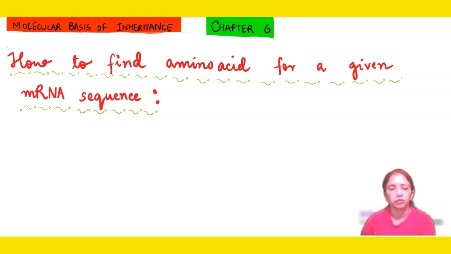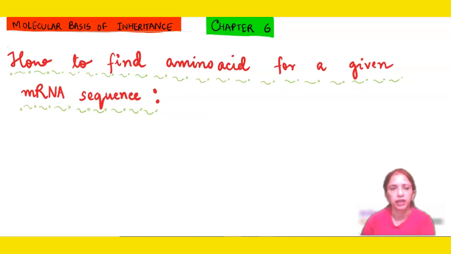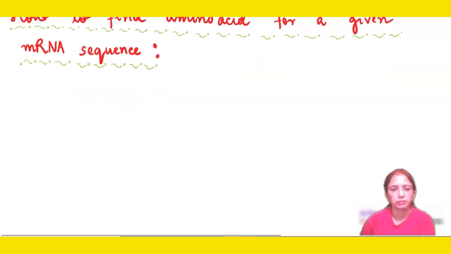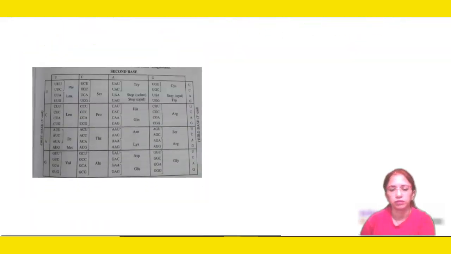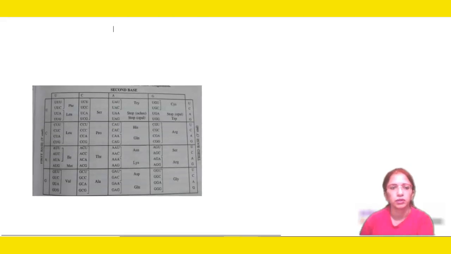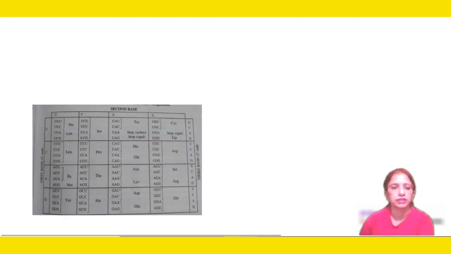Okay, so we will take an example and then it will be clear to you. For this, please keep your genetic code table ready. Here I have also taken one for you so that you can easily understand. Now there are various steps. First of all, suppose there is a messenger RNA sequence which is given to you. Of course, it will be 5 to 3 prime, right?